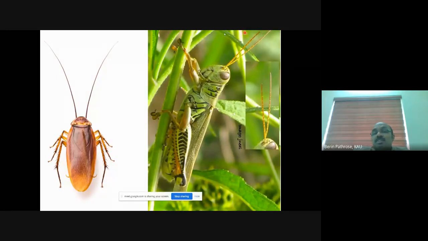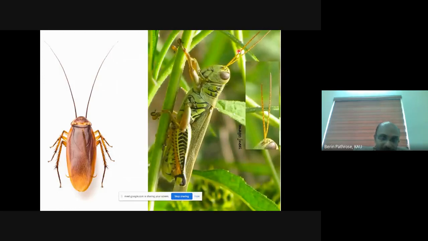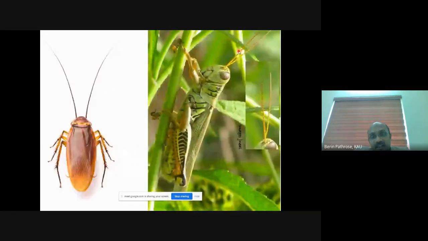The size of the segments decreases in the case of setaceous antenna, while it remains uniform throughout the length of the antenna in what is called filiform or thread-like antenna. So filiform antenna is seen in grasshoppers. So these are the first two types of antenna: setaceous, which is bristle-like, and filiform, which is thread-like.